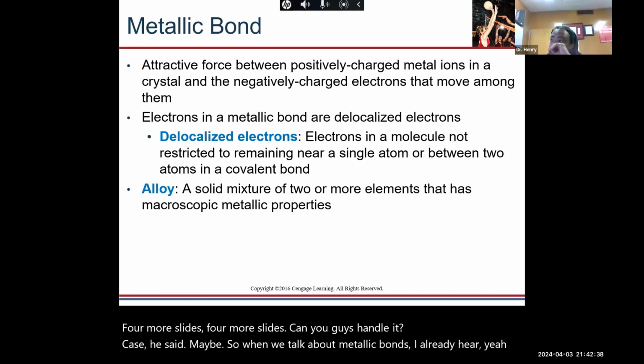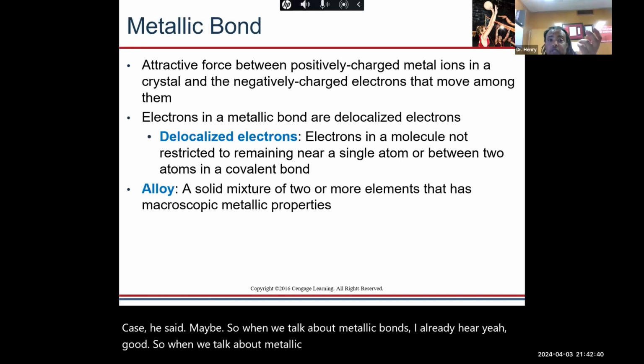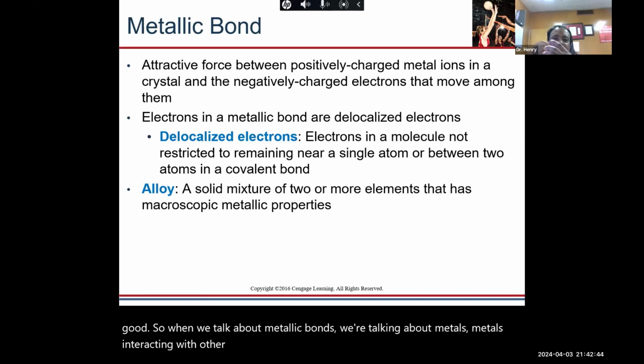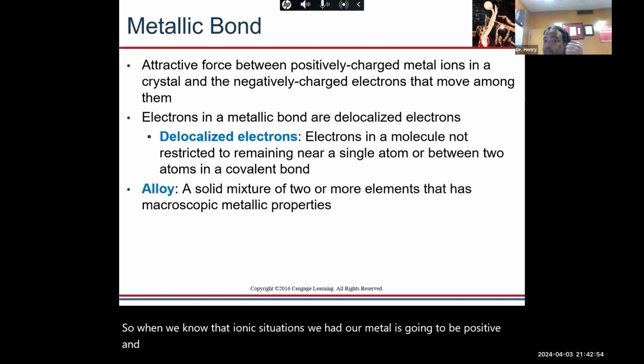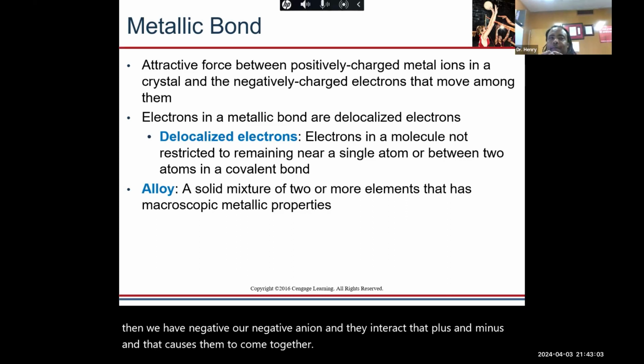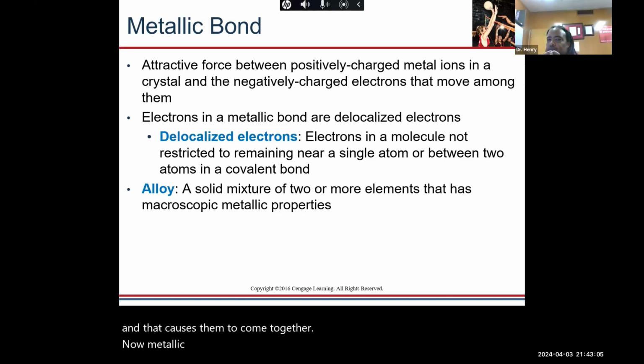So when we talk about metallic bonds, we're talking about metals interacting with other metals, or metal ions interacting with other metal ions. In ionic situations, we had our metals going to be positive, and then we have our negative anion, and that plus and minus interaction causes them to come together. Now, metallic bonds are kind of similar to that.